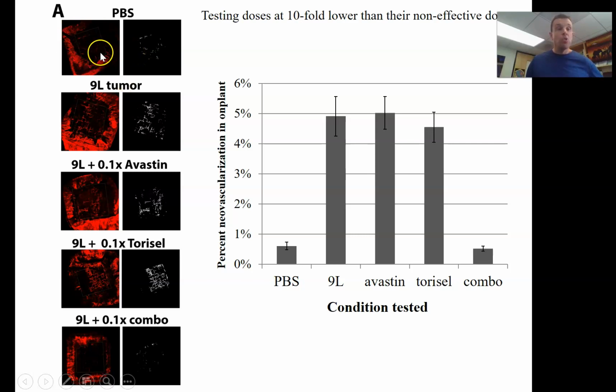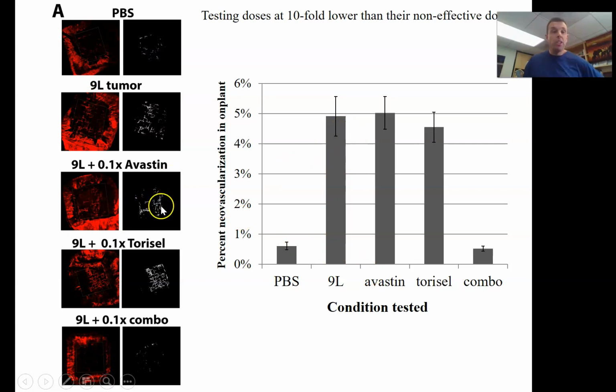So in a control, no tumor one, you get a few vessels, right? So we can quantify the amount of that is vascularized, that is fluorescent. This is the negative control. The 9L is a glioblastoma tumor. And so when you have those cells, you get a lot of vascularization.